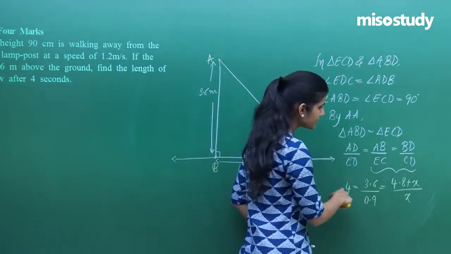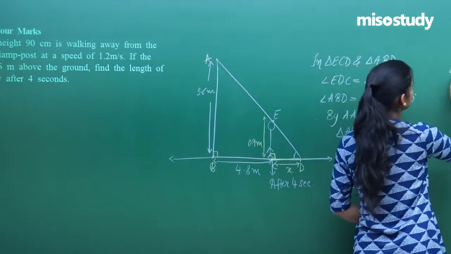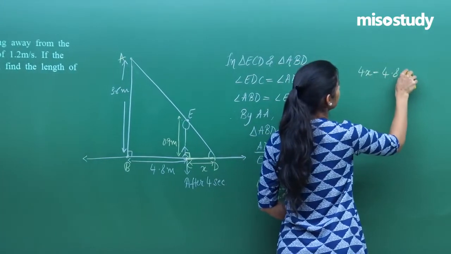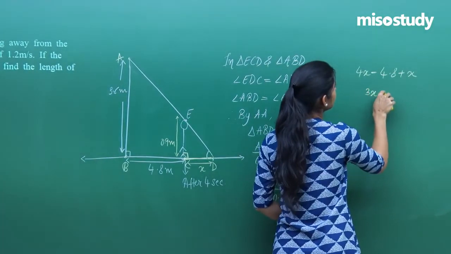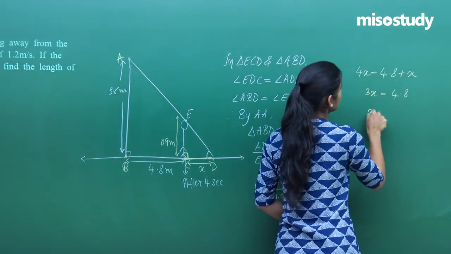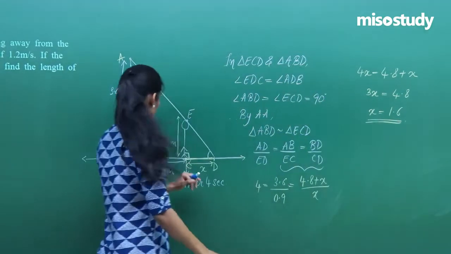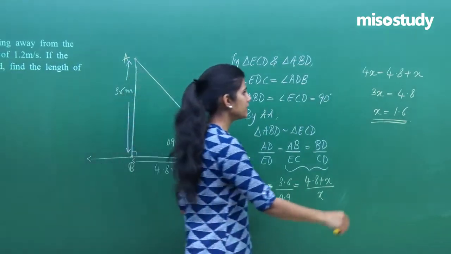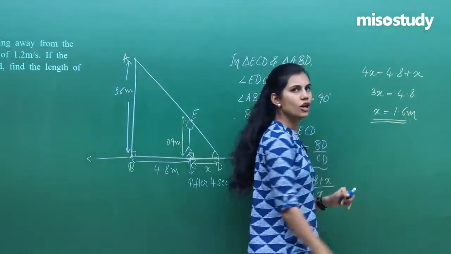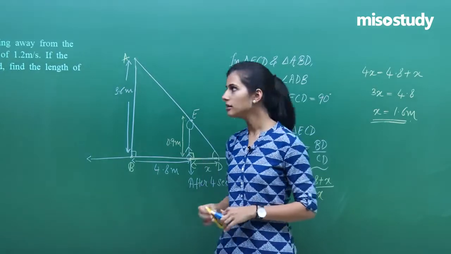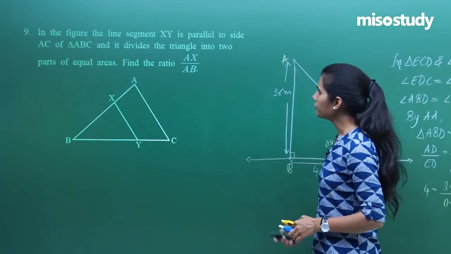So you get 4X is equal to 4.8 plus X. This gives you 3X is 4.8. So X is 1.6. The shadow after 4 seconds of the girl is 1.6 meters long. Clear?